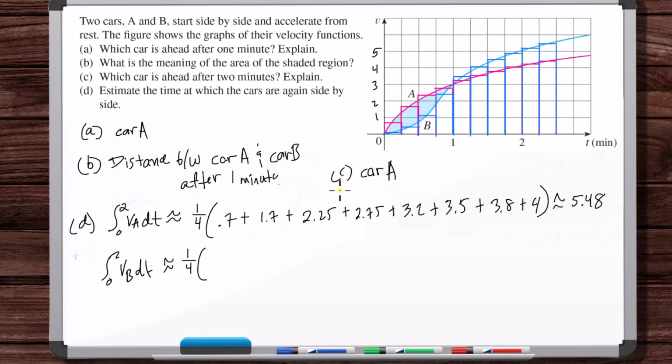Okay, so we've got, looks like just 0.1 and then 0.4 and then 1.1 and then 2.4 and then 3.5 and then 4.05 really, if anything. Then 4.5 and then 4.9.